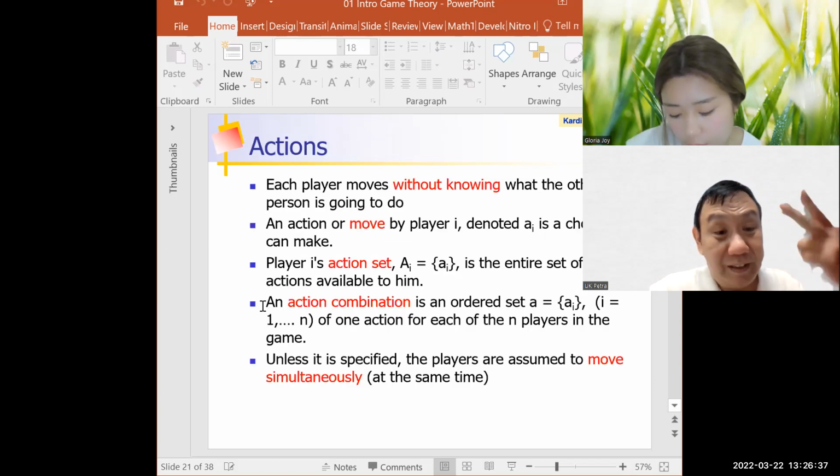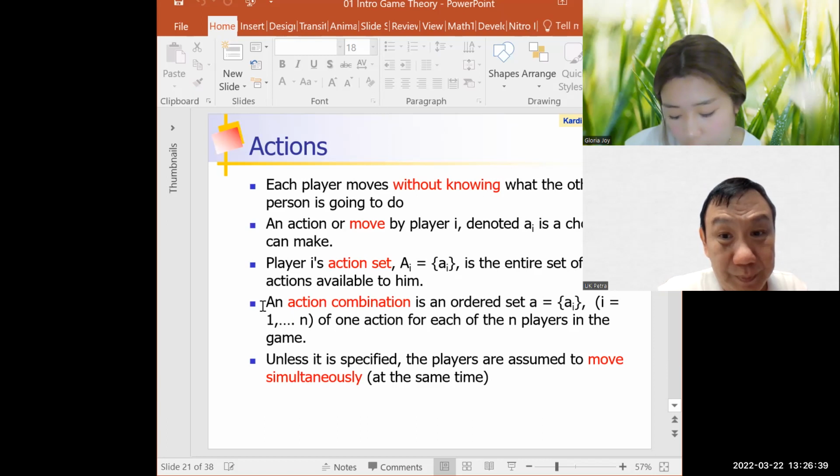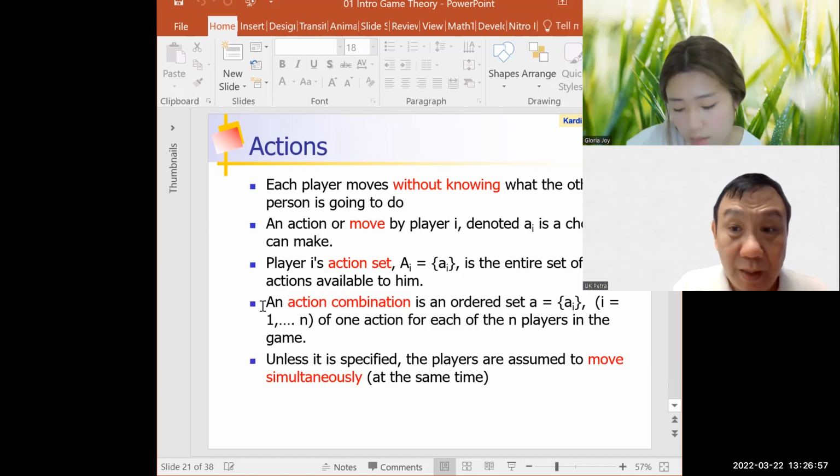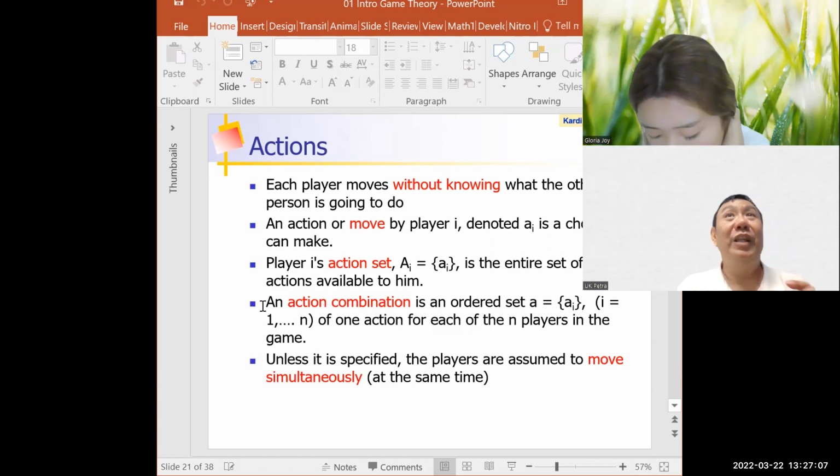The second component is action. Action is the move. Each player will move without knowing what the other person is going to do. It can be a combination of actions. The most important thing here is that the action can be simultaneous or sequential. Sequential means I will do first and then you next, or you first and then I'm next.